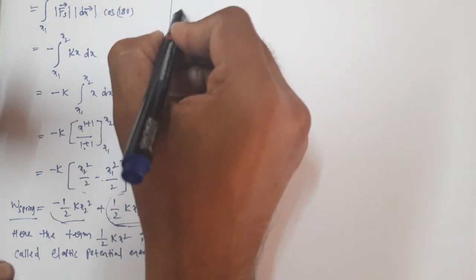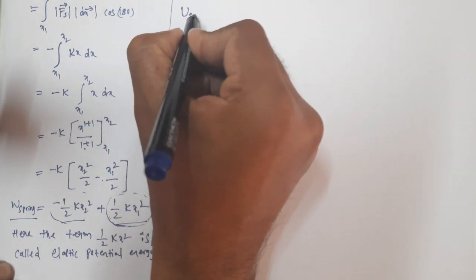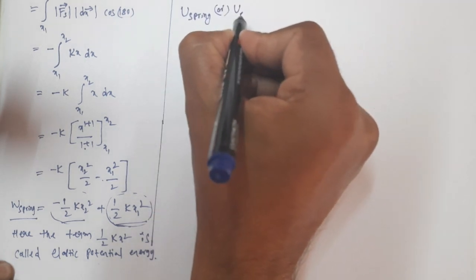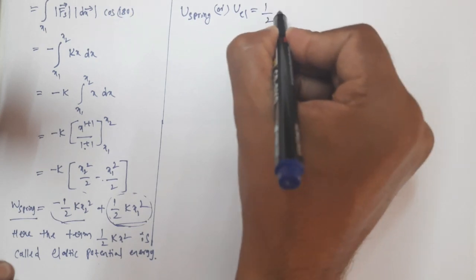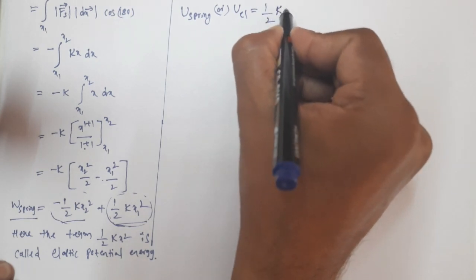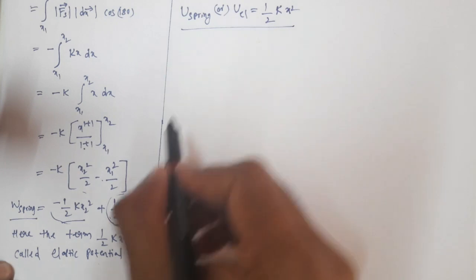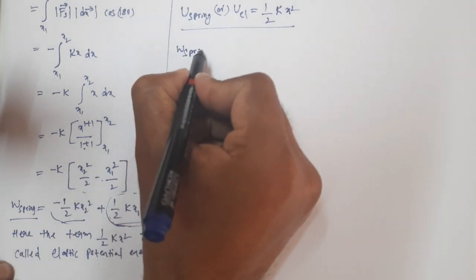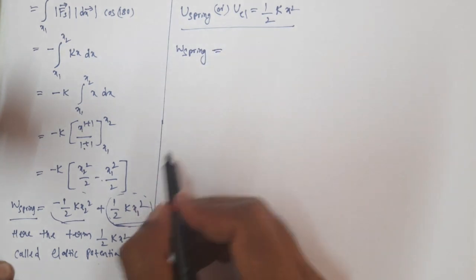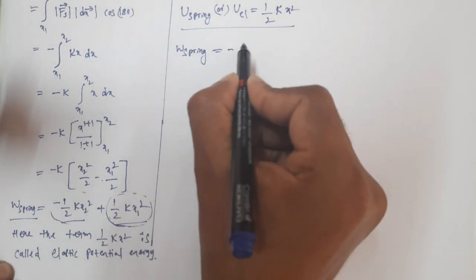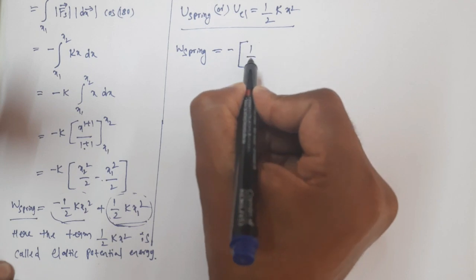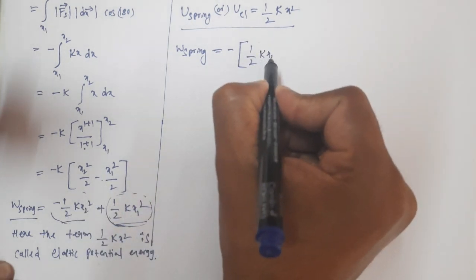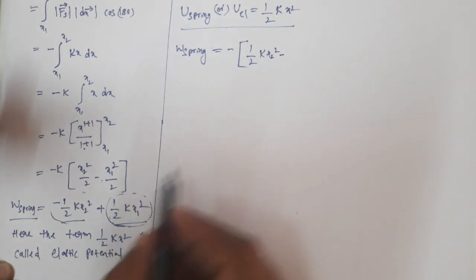So elastic potential energy, U spring, we also write U elastic, is equal to, we can write a general formula of kx square. Now from this equation, work done by the spring, now take minus common. If we take minus common, from this equation I am taking minus common of kx2 square and this becomes minus, right?